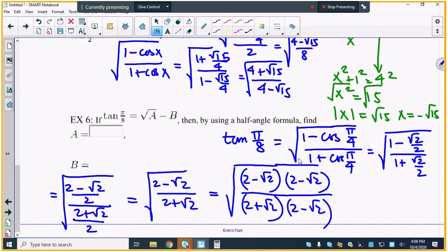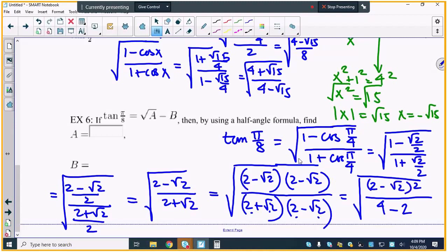So I already have 2 minus square root of 2 over 2 plus square root of 2. I multiply top and bottom by 2 minus square root of 2. So on the bottom what I have is a plus b times a minus b, which is a squared minus b squared. So it's 2 squared, so 4 minus square root of 2 squared, which is 2. On the top, you simply have 2 minus square root of 2 all to the power 2.